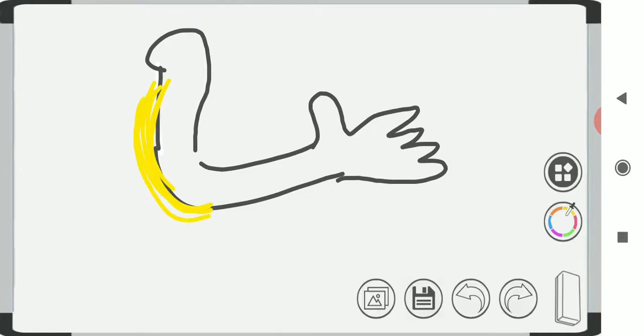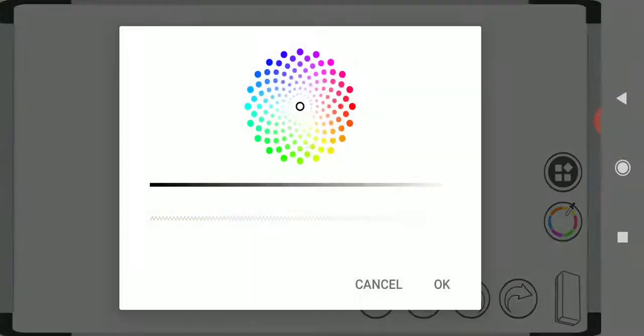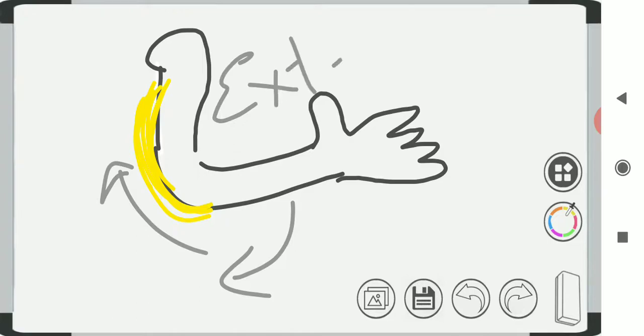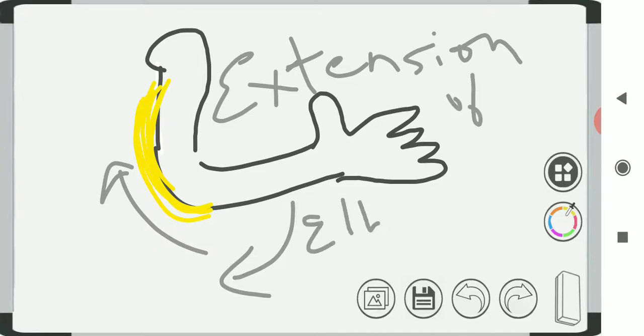So when it contracts, muscle length will get shortened, right? So when it contracts, muscle length will get shortened and this will come behind. So that is called extension, the straightening movement of the joint. So here extension of which joint? Extension of the elbow joint. That is the action of triceps brachii.